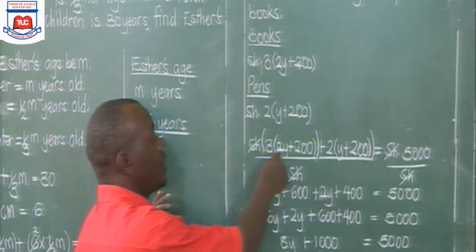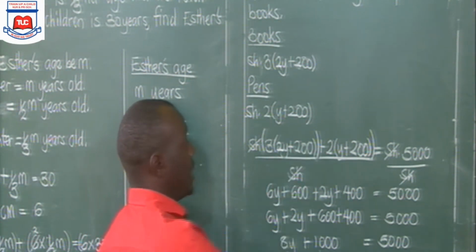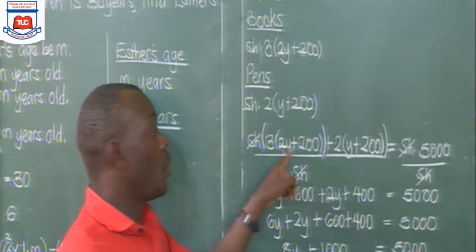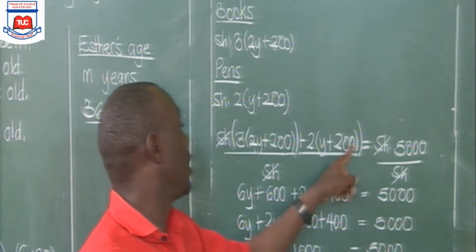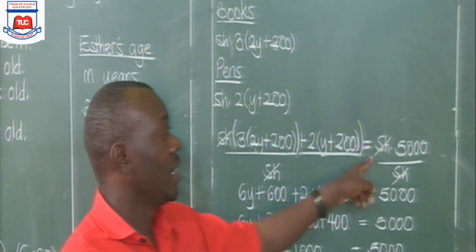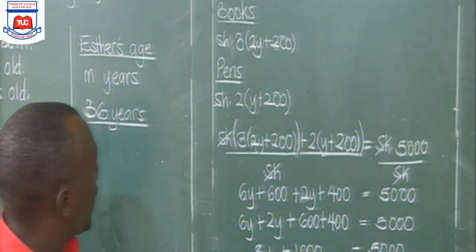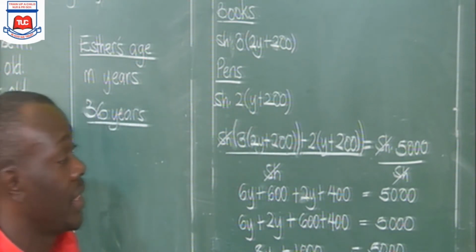You say 3 into 2y plus 200, plus 2 into y plus 200, all in shillings, equals 5,000 shillings.